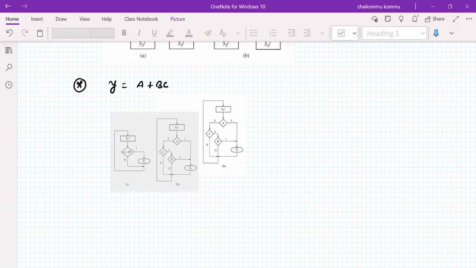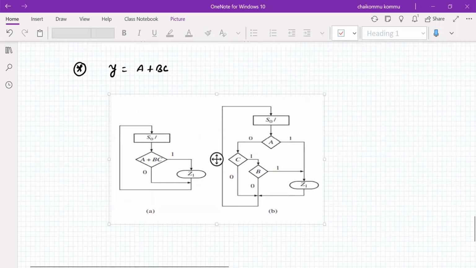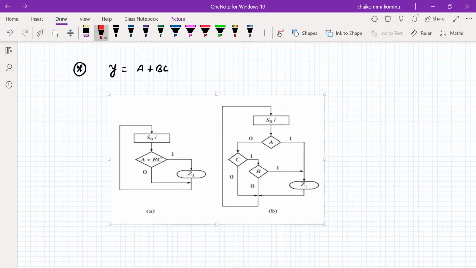See here, consider the first diagram. What is happening here? Now, actually, what we want to say is that y is equal to 1. For example, if you draw the truth table for this one, with a, b, c, and y, y becomes 1 for particular combinations and y is equal to 0 for particular combinations.